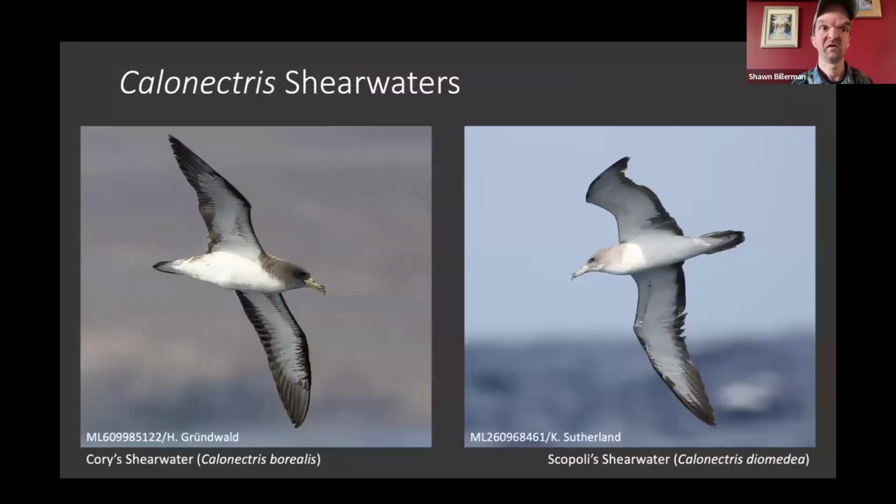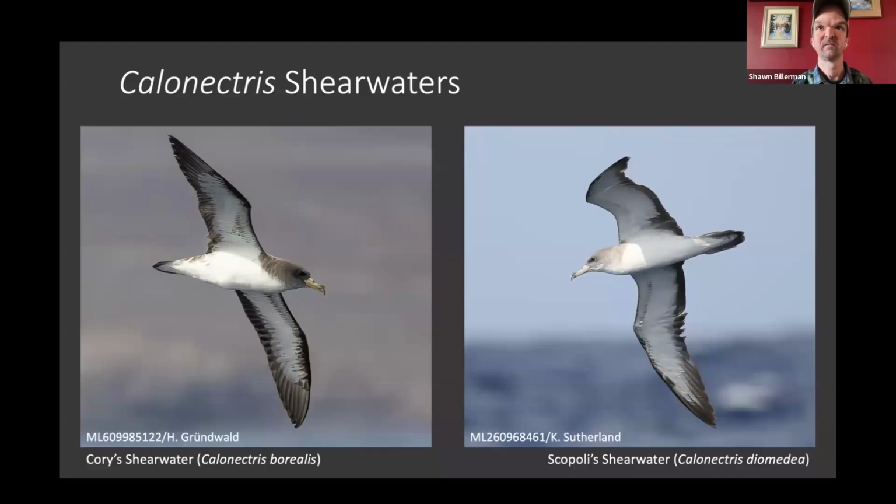As Marshall mentioned, another group that has long been considered to comprise multiple species are the 2 taxa in Calonectris that were formerly considered a single species, Calonectris diomedea, or the Cory's shearwater. We now treat that formally as 2 species, Cory's and Scopoli's shearwater.